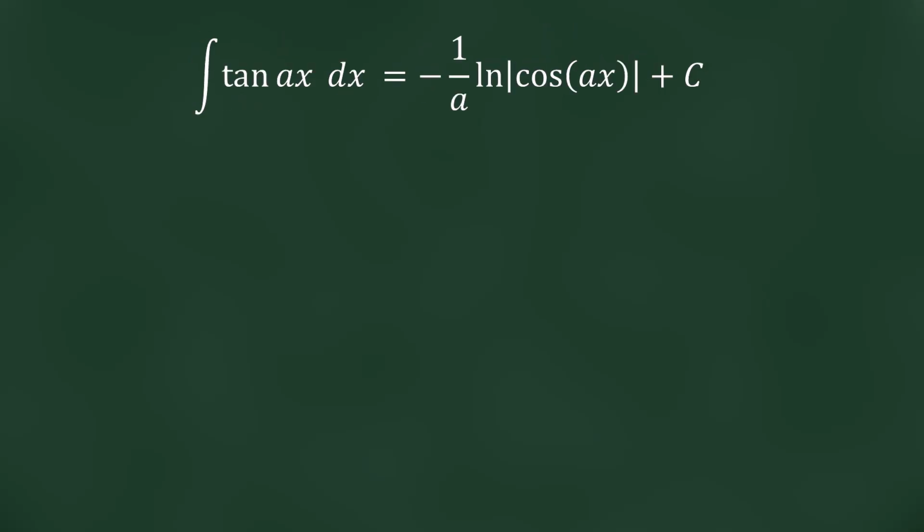We'll need some different techniques for this one. We don't have a function whose derivative is tangent, so we can't very easily anti-differentiate this, but what we can do is use the fact that tangent of x is the same thing as the sine of x over the cosine of x. And if we remember that, then the antiderivative of the tangent of x dx becomes the same thing as the antiderivative of sine x over cosine x dx.